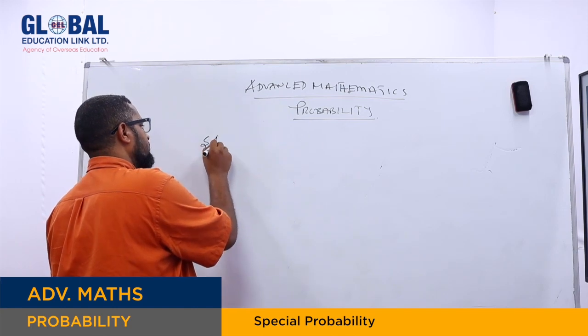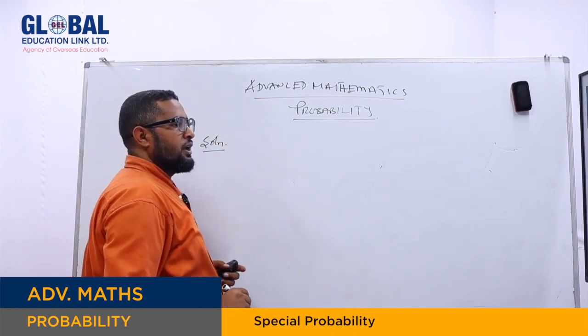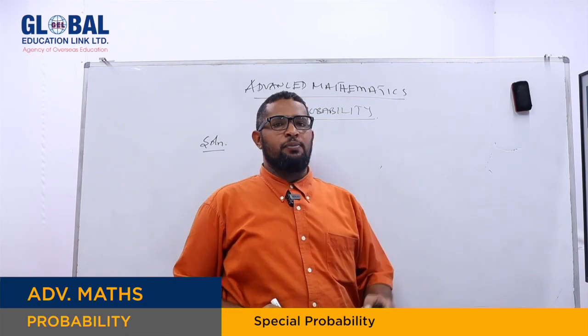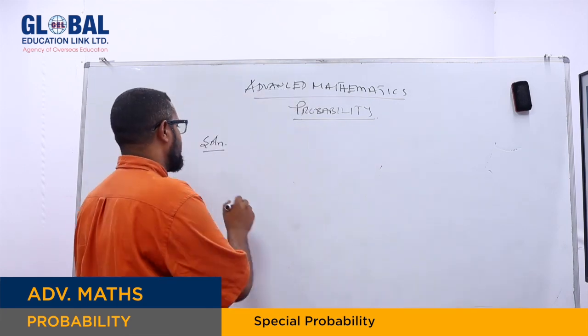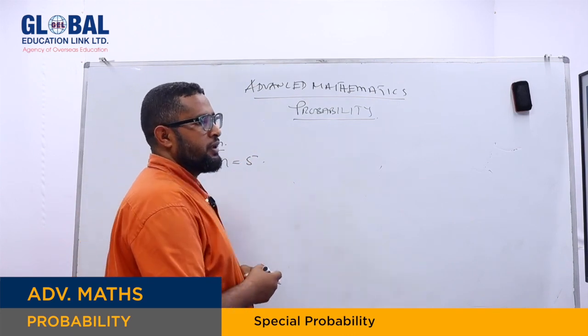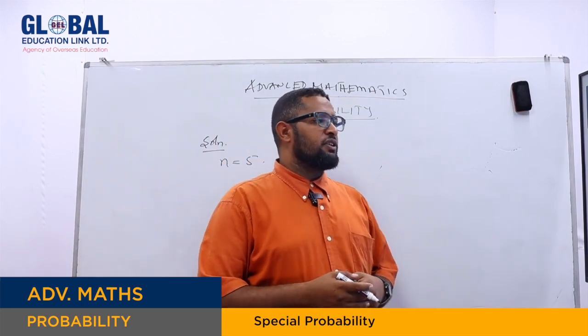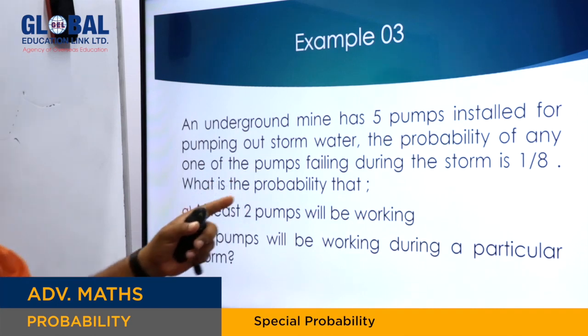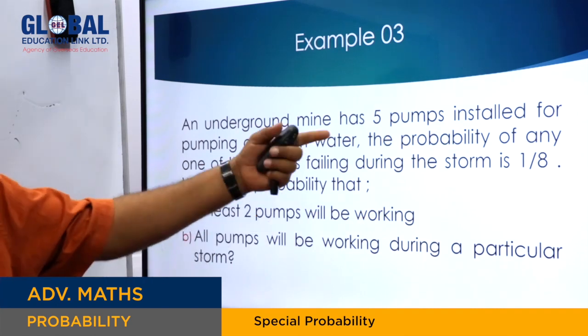Solution. We are given 5 pumps, so that is the number of pumps. So this is n equal to 5. Again, in the statement, there is a part saying probability of any one of the pumps failing.